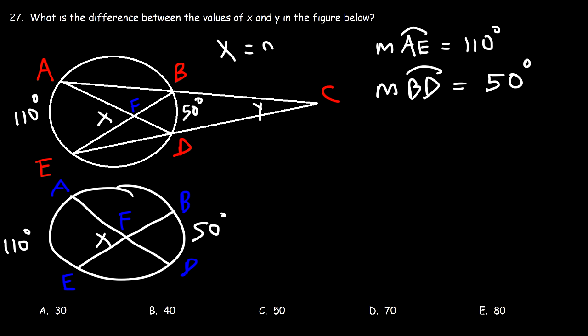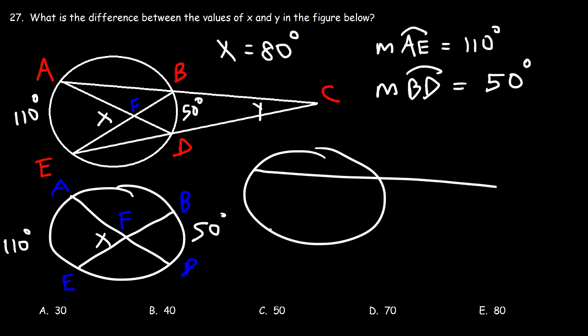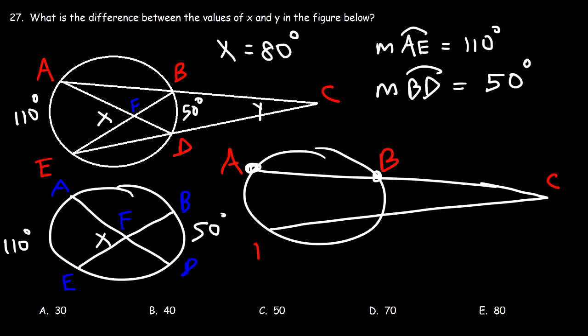Now let's calculate the value of y. So we have 2 secants passing through the circle. A secant is a line that touches the circle at 2 points. So we have secant AC and secant EC. Now AE is still 110, BD is still 50.